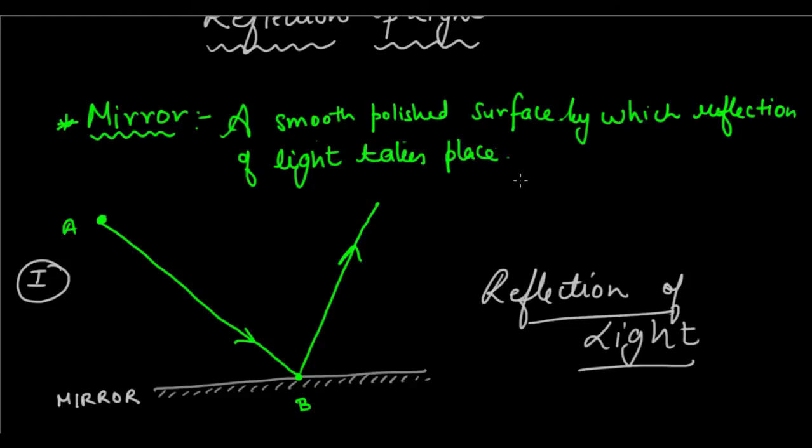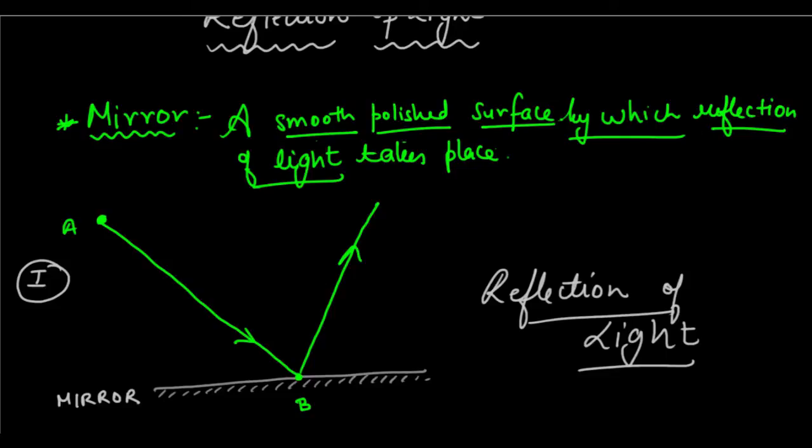Because it is striking that particular surface, then it is bouncing away. So because of that bouncing away, it is hitting a smooth polished surface, reflecting back into the medium, so that mirror is facilitating reflection. And hence, a mirror can be defined as a smooth, polished surface by which reflection of light takes place. Right? So this is what we call reflection of light.